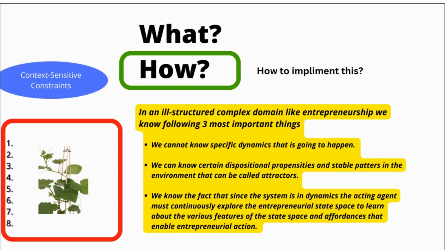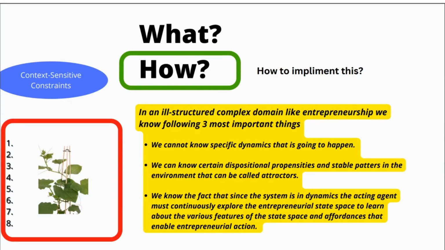We know that since the system is in dynamics, the acting agent must continuously explore the entrepreneurial state space to learn about the various features of the state space and affordances that enable entrepreneurial action. The design of context-sensitive constraints in this framework is based on these three key pieces of information.